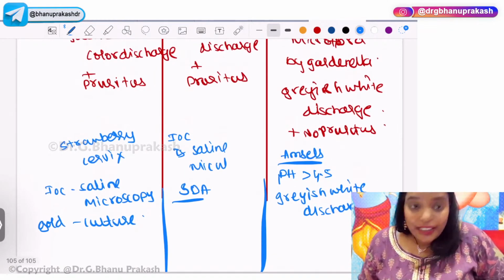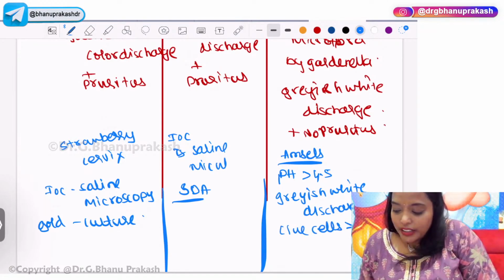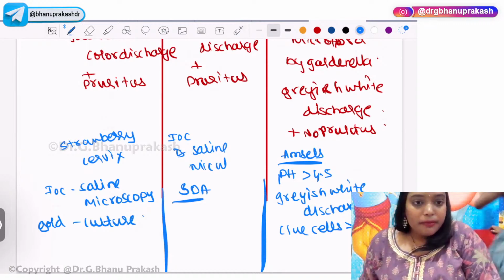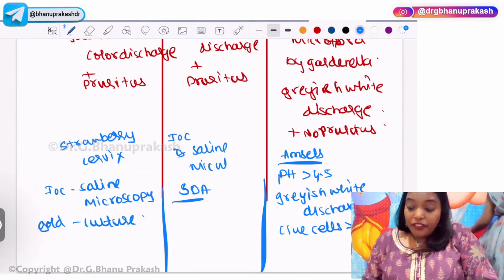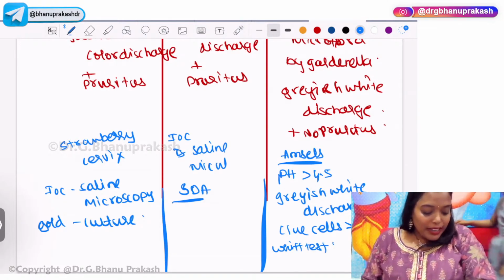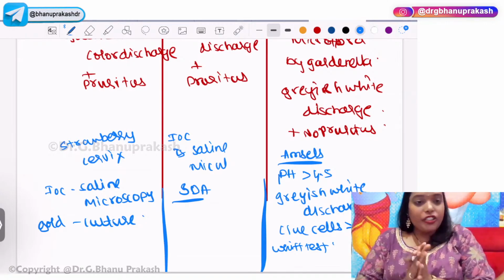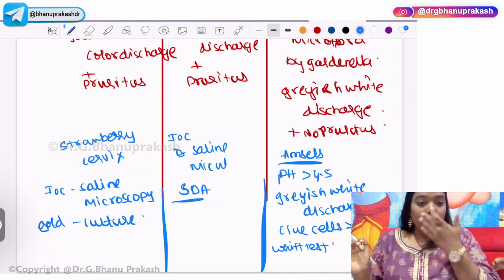And there will be clue cells, bacteria attached to vaginal epithelial cells, more than 20% clue cells. And what is the fourth point? Whiff test positive. That is, when you put 10% KOH, you'll have a fishy odor. So these are the four things that we have.